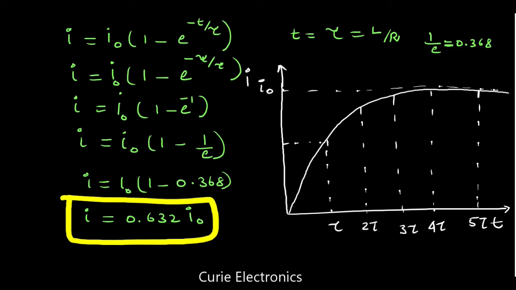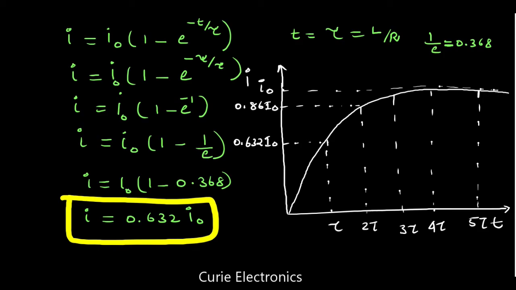In one time period, 0.632 times I naught, the current grows to 63% of the maximum current value. In 2 tau it grows to around 86%, that is 0.86 times I naught.